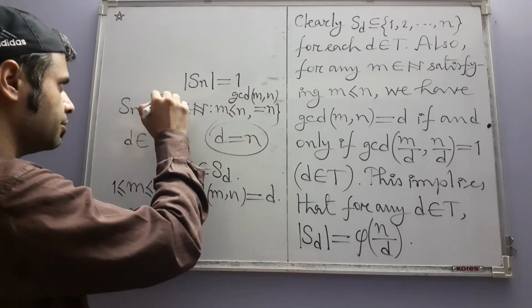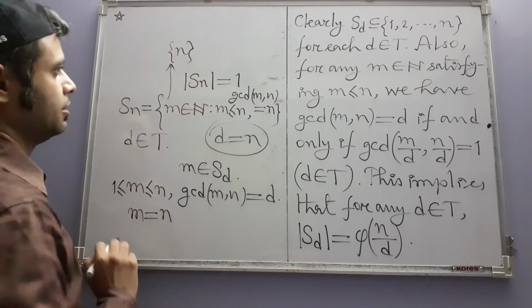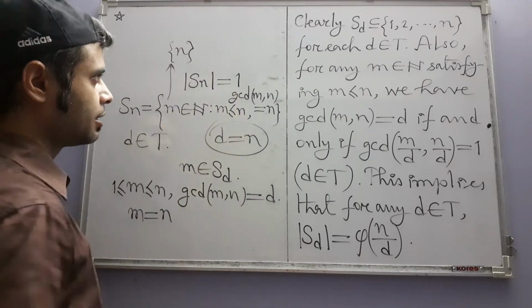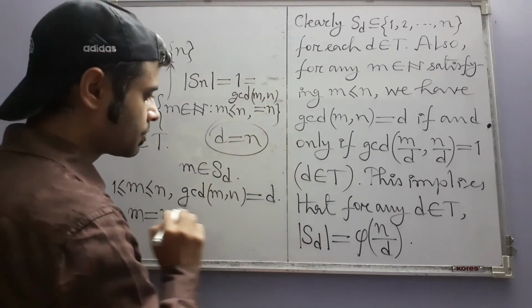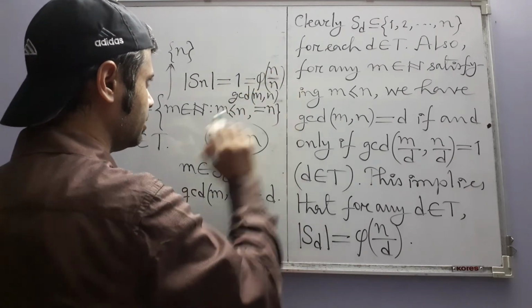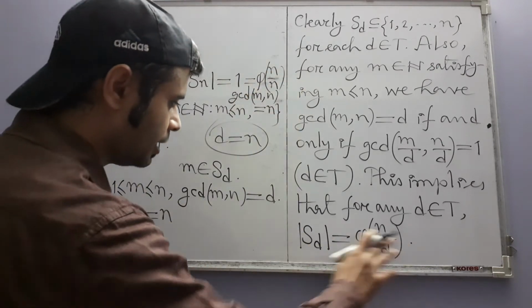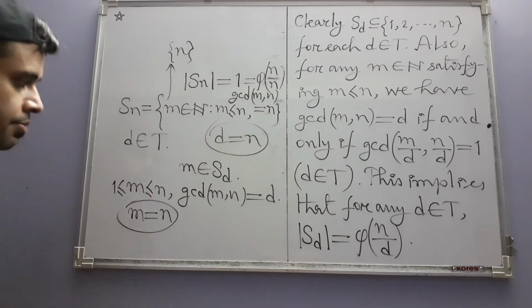So that means this set has only one element, which is n itself, and that is why this cardinality is 1. And in this case, of course, trivially this is equal to phi n divided by n. So whatever we are claiming here is true in this special case.